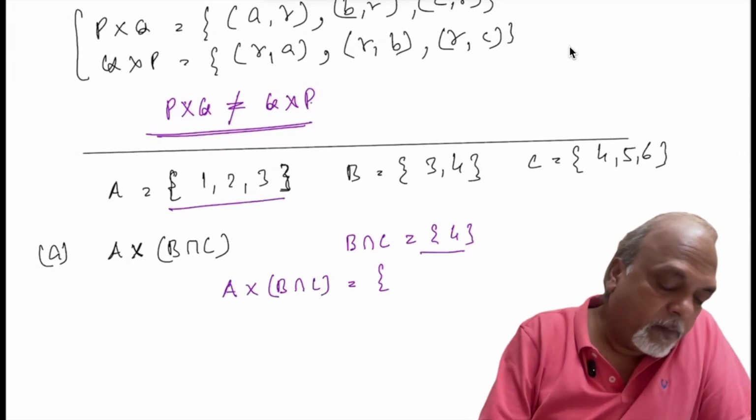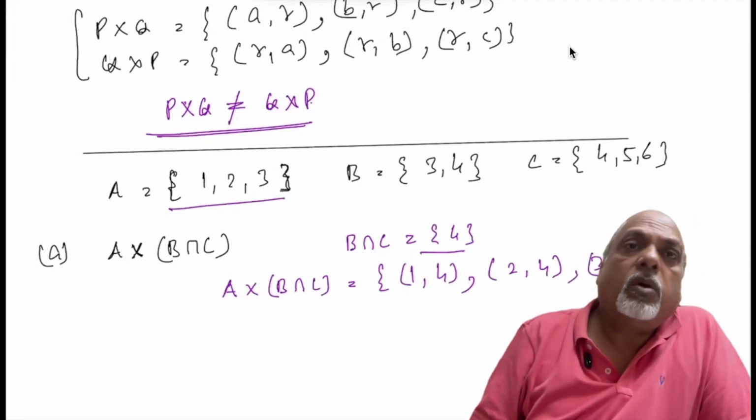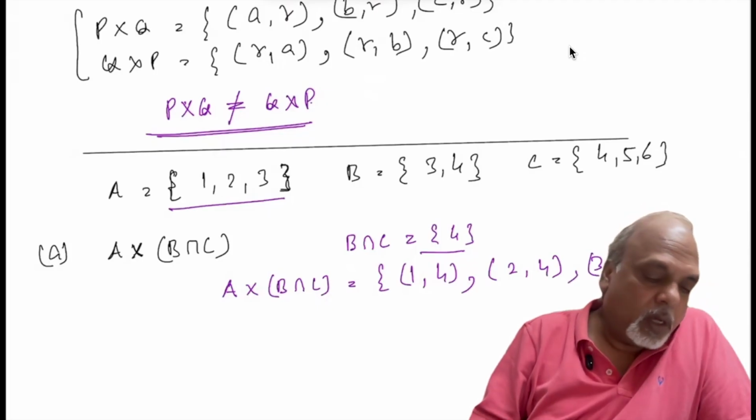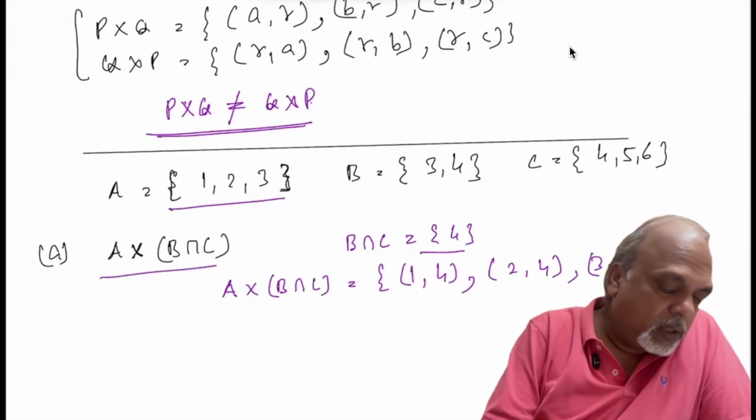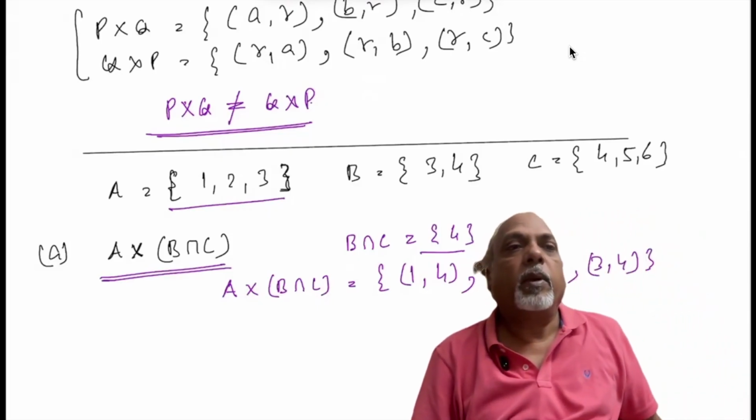That will be basically 1, 4, 2, 4, then 3, 4. So I think there is no doubt in that. This is how, if there are such type of questions, you can solve them. Correct?